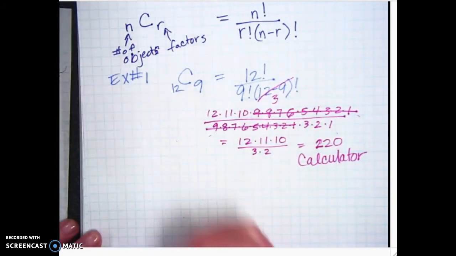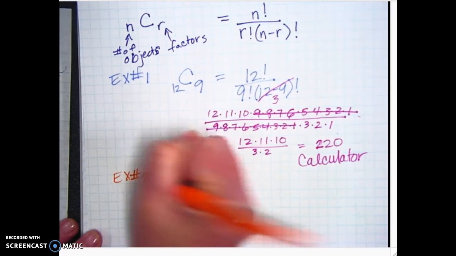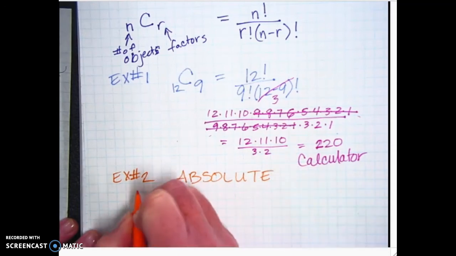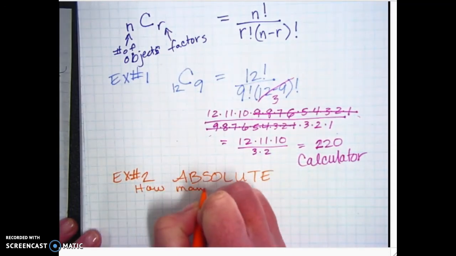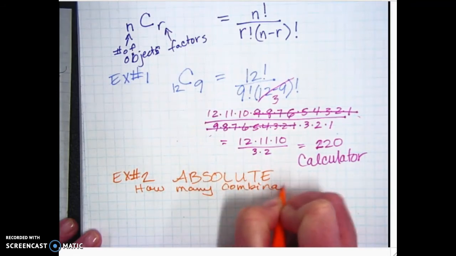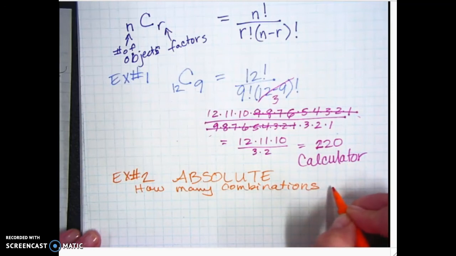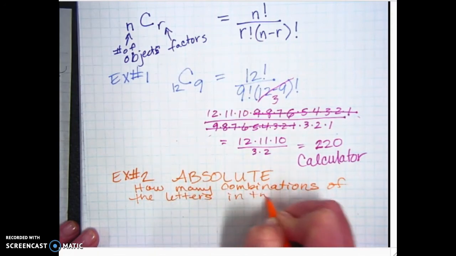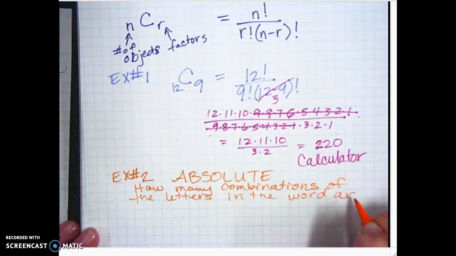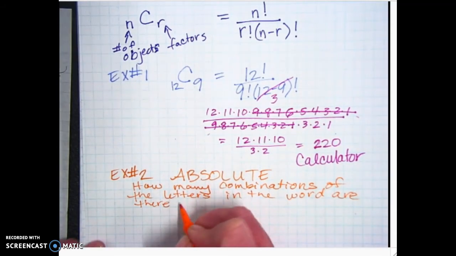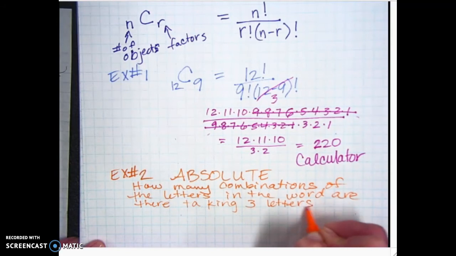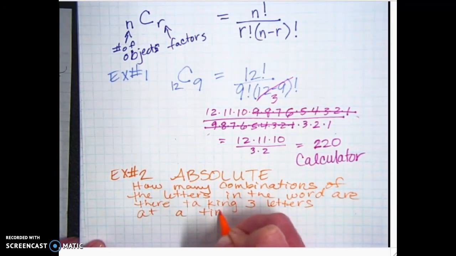Example number 2. We're going to take a word like absolute, and we're going to find out how many combinations of the letters in the word there are, taking 3 letters at a time.